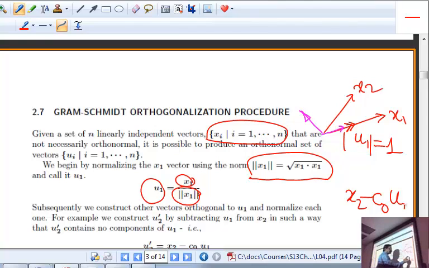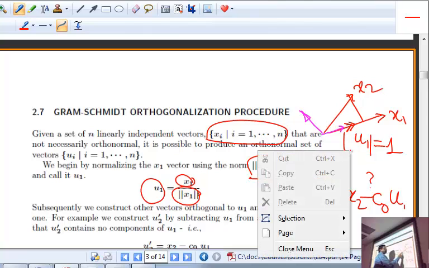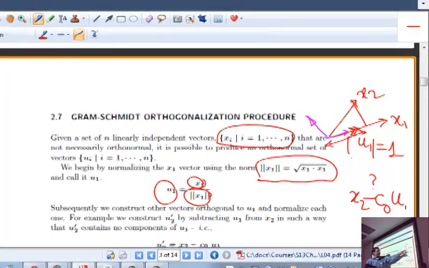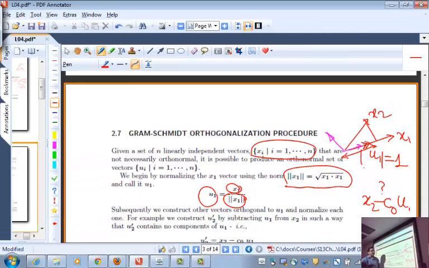So c0 at this stage is an unknown number. I need to figure out what fraction of it I need to subtract. When I project onto this, I need to know what this distance is. That's going to be u1, the u1 I have indicated up to this arrow point in red, multiplied by some number. I need to figure out what that number is. I'm going to subtract exactly the component that will take out u1, and what I'll be left with is a component only perpendicular to it.